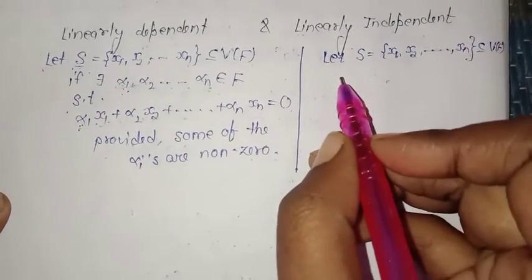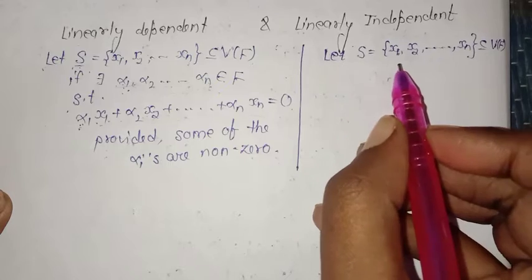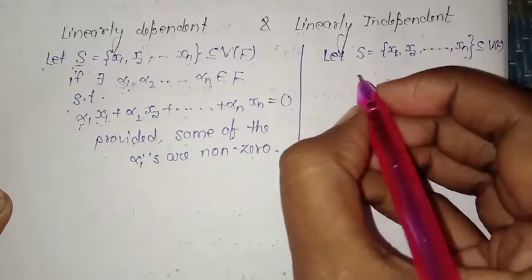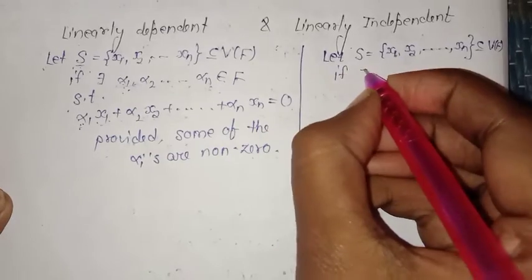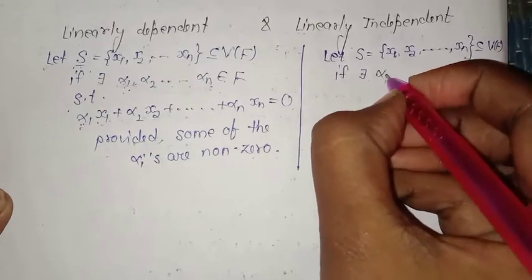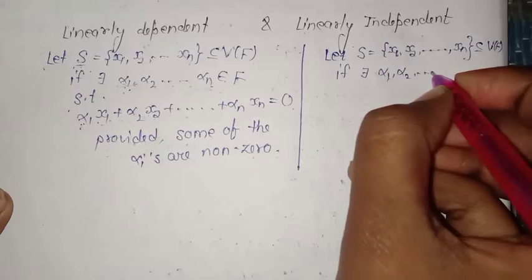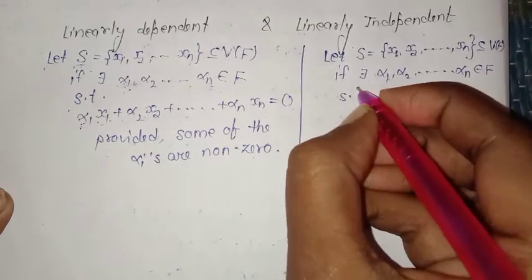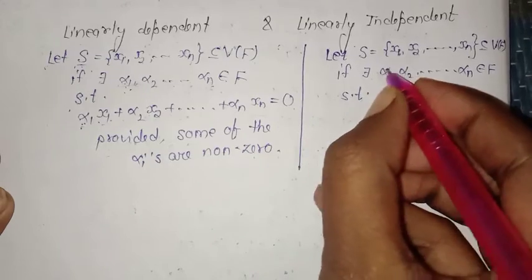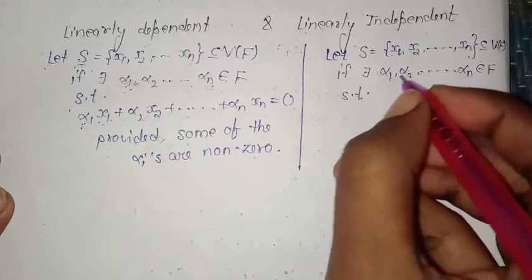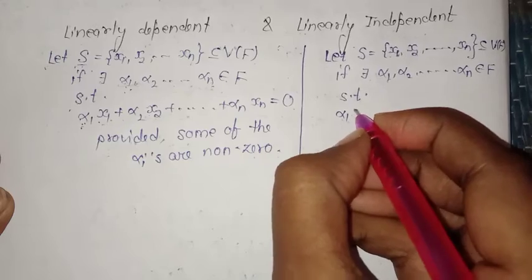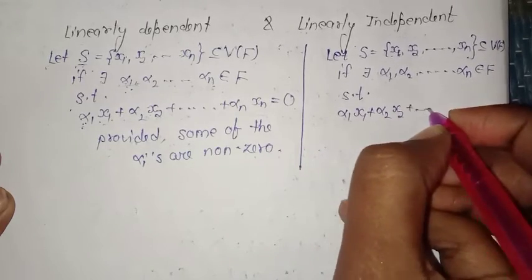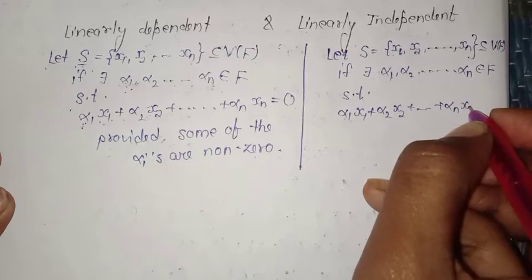In case of a linearly independent set, again we have a set of n vectors which is a subset of V over F. Corresponding to these vectors, again some scalars exist, that is alpha 1, alpha 2, and so on alpha n belonging to F, such that the linear combination alpha 1 x1 plus alpha 2 x2 and so on alpha n xn equals 0.